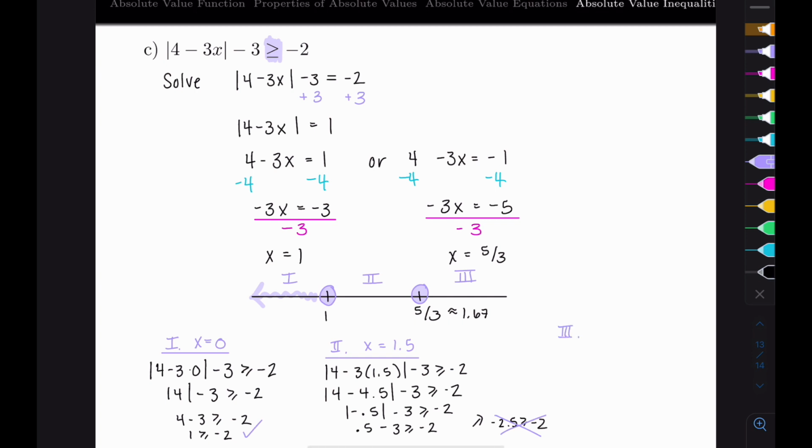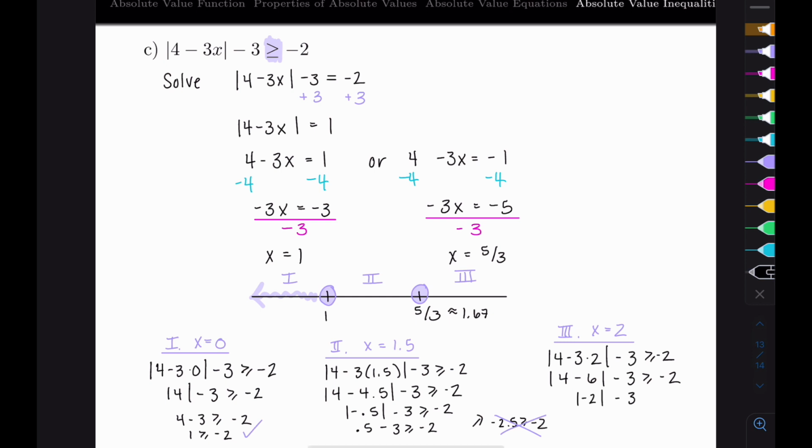And then last but not least, we move on to interval 3. 2 would fall in there, so we've got to see if it works. So this gives us the absolute value of 4 minus 3 times 2, minus 3, needs to be greater than or equal to negative 2. So that's the absolute value of 4 minus 6, minus 3, is greater than or equal to negative 2.